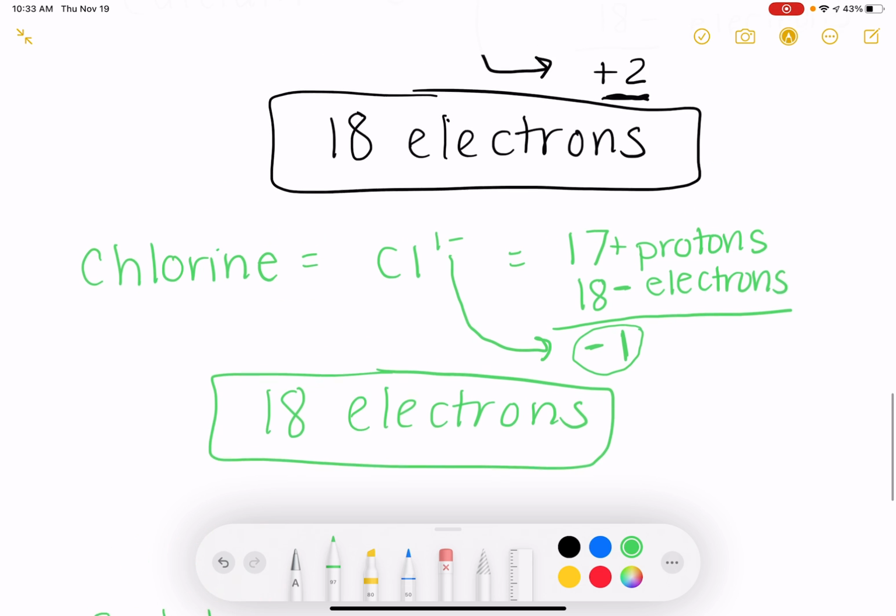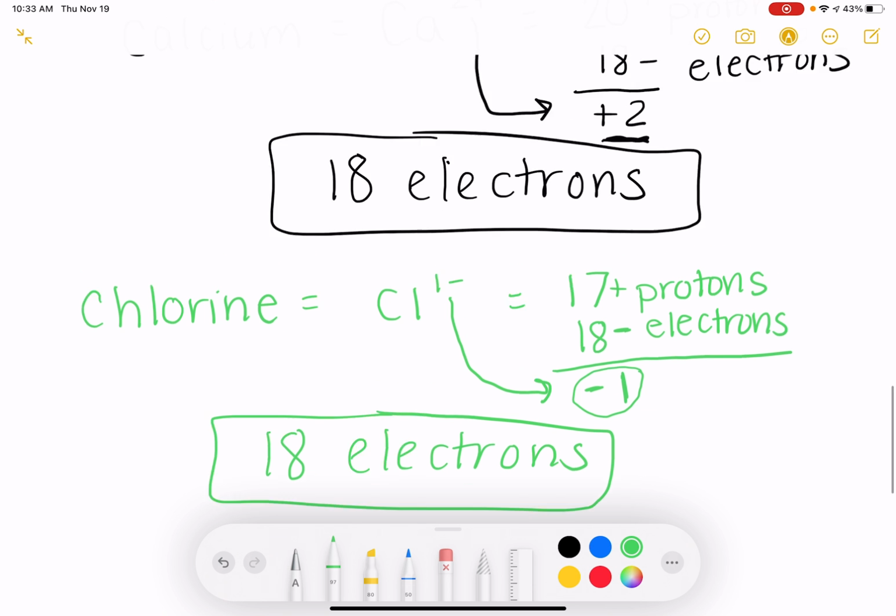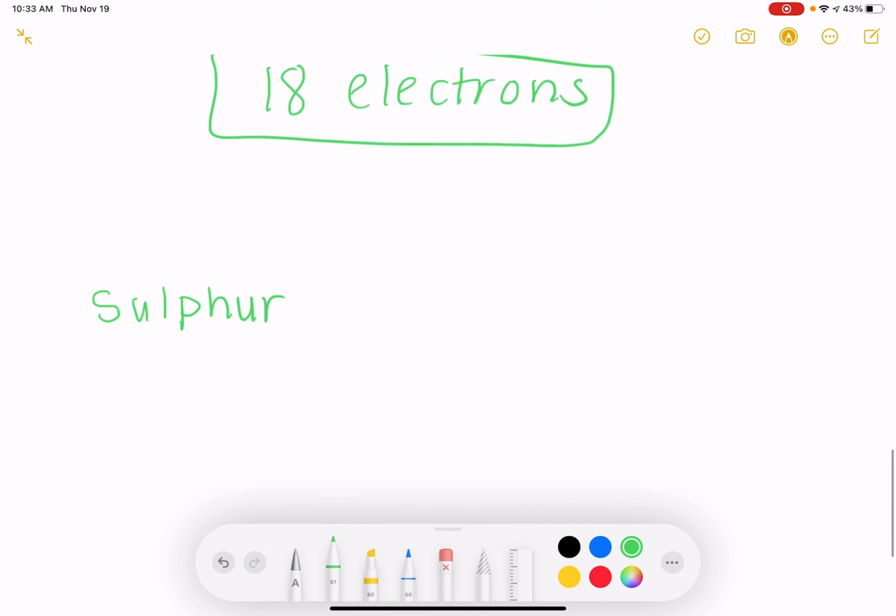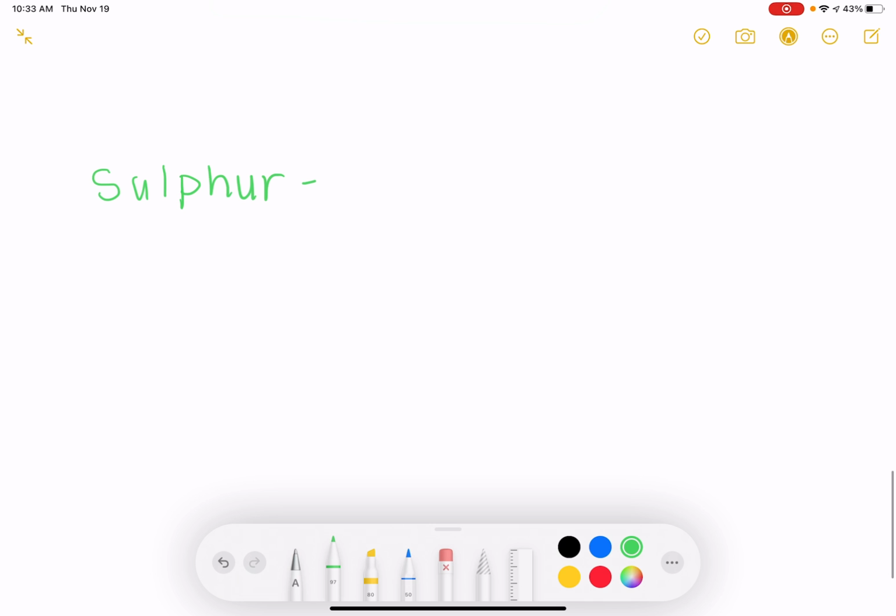I think our last question was 18 as well, see? So 18 electrons there. Our last question is sulfur. Sulfur is S, and it's 2 negative in the periodic table. It is number 16 in the periodic table, which means it has 16 protons.